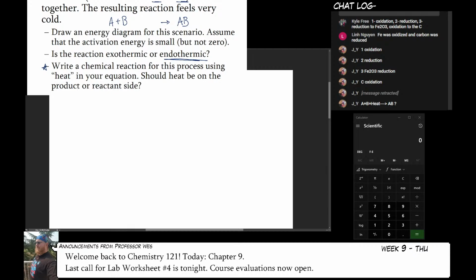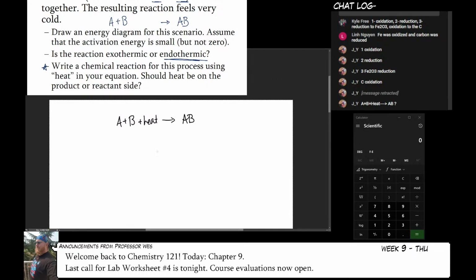So, first let's write out a reaction here. So if my reaction absorbs energy, that means that heat must be on the reactant side. And our diagram will look like this. So here's our energy, E-N-E-R-G-Y.